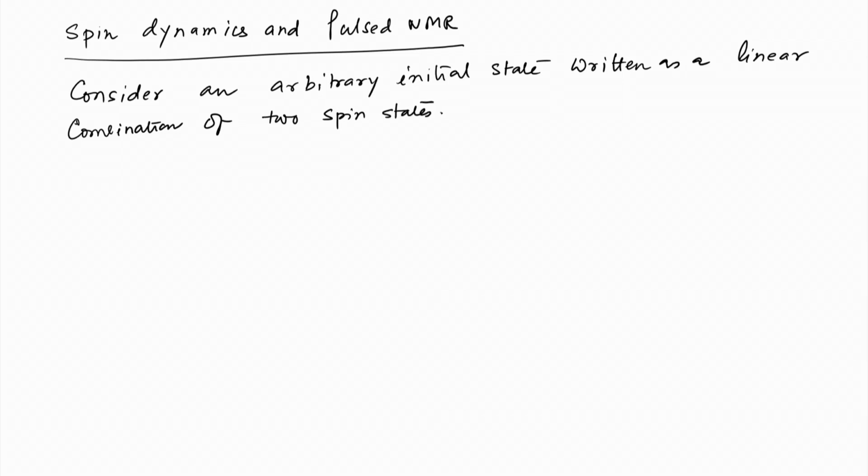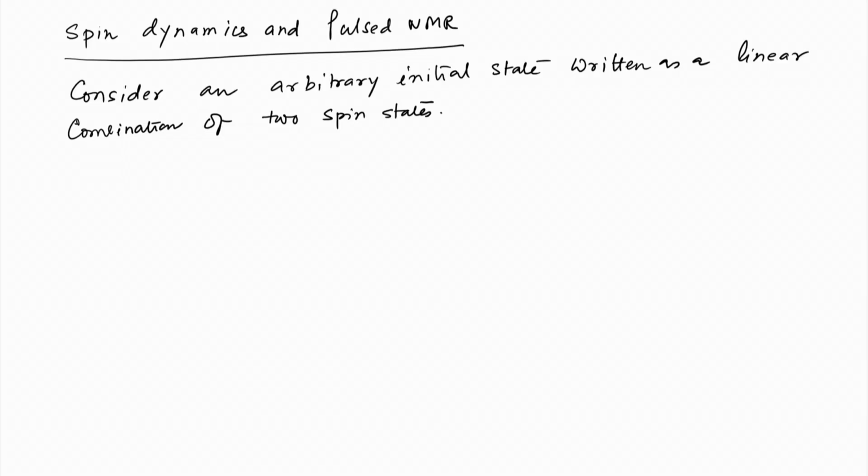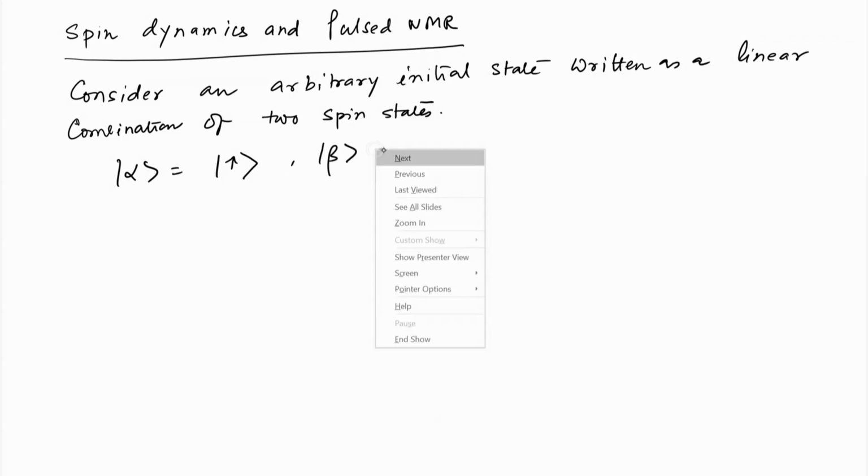We are specifically talking about the spin of a particle, because we are talking about two spin states, and this can be written as, say, alpha is up and beta is down.